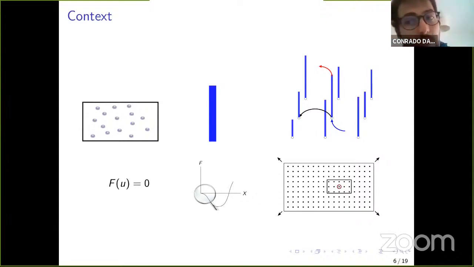So the classical way to construct processes in infinite lattices is to examine what is happening inside a box. So this is a small box around the origin.